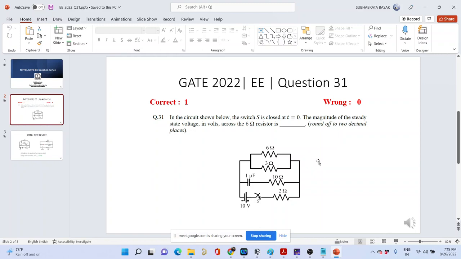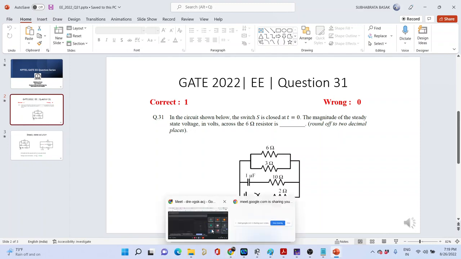I would expect everyone to do this sum very quickly. Let me give you 5 volts. Yes. 5 volts, right, absolutely. So what is the voltage across the capacitor at steady state?